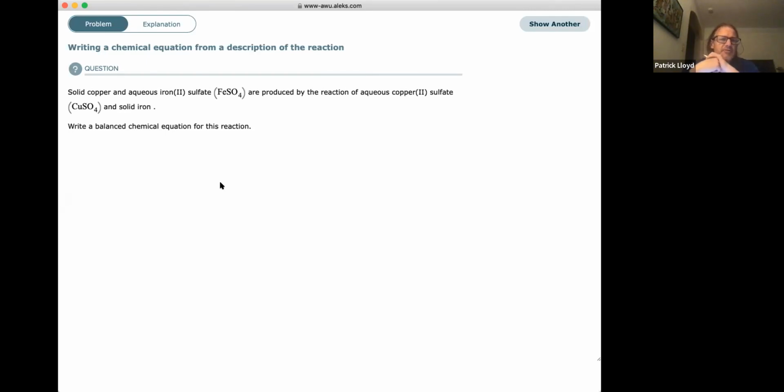Solid copper and aqueous iron 2 sulfate, FeSO4, are produced by the reaction. So it's giving you the products first of aqueous copper 2 sulfate, CuSO4, and solid iron, right? The balanced chemical equation. Okay.